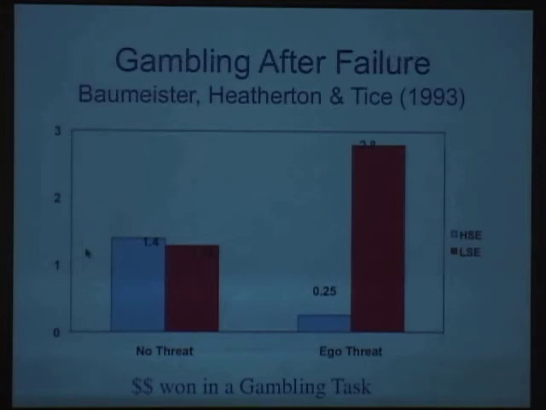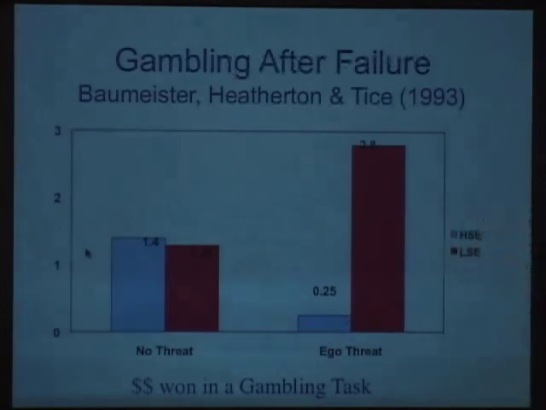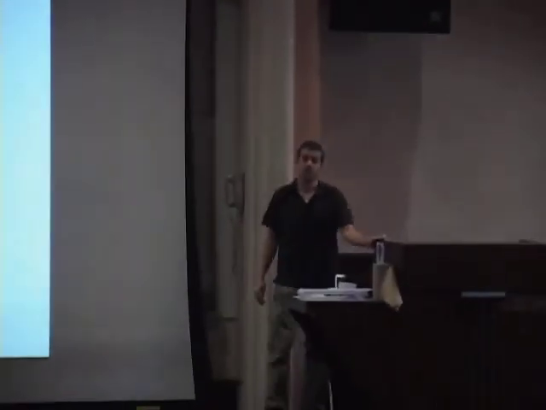Okay? Any guesses as to why the high self-esteem folks end up down here? Well, they have more to lose in the back. So their self-esteem is inflated, and what does that do in terms of the gambling?